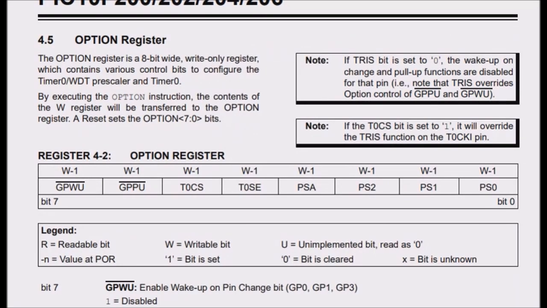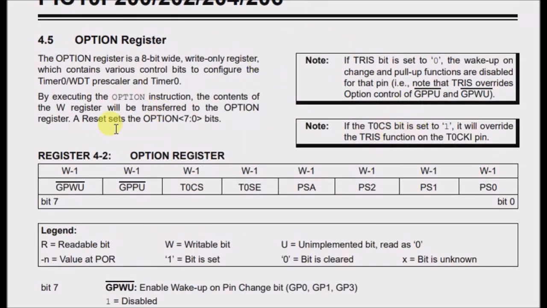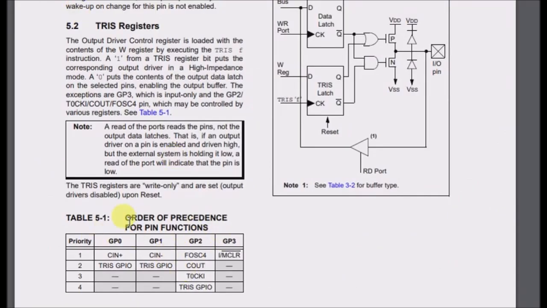Alright, so I spent about 5 or even 10 minutes looking up the TRIS register to find out, well, what's this TRIS bit? No, it's just talking about the TRIS register itself, which surprisingly the datasheet does not present in a format like this. It appears on page 20, and it has this chart which isn't quite the same.